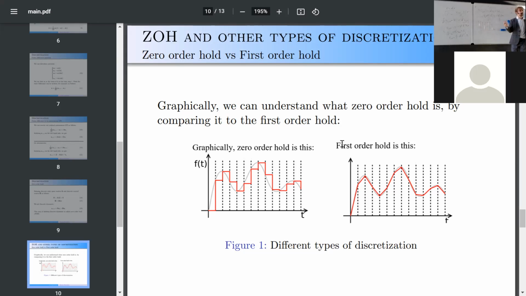You can also do a first order hold. Let's say your actual x dot has this form. You can say my x dot on each time step is a linear function.